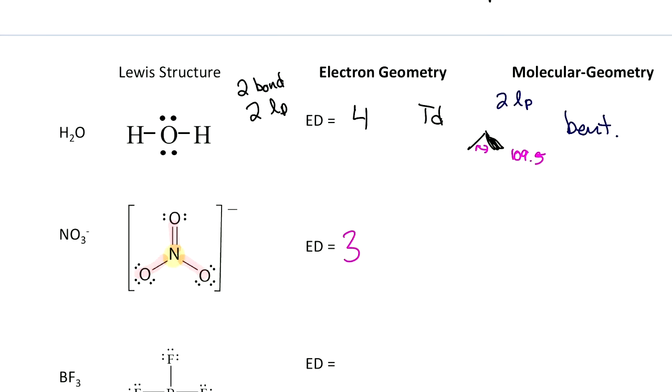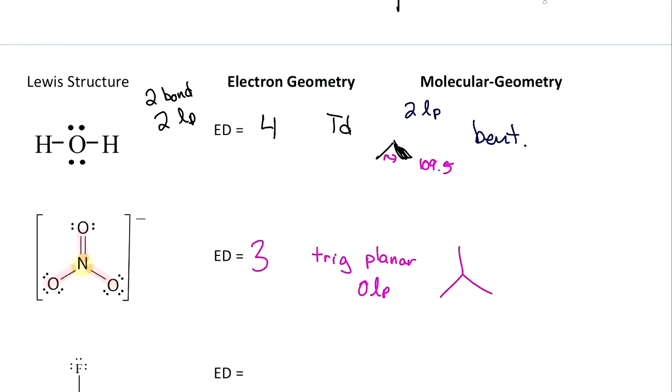So what shape is that? Trigonal planar. And so I can draw it. Are there any lone pairs we have to consider? Nope, so it's 0 lone pairs. So what does that mean in terms of its molecular geometry? It's the same, so it's also trigonal planar. Very good. Everything stems from the electron geometry. All right, let's keep going.